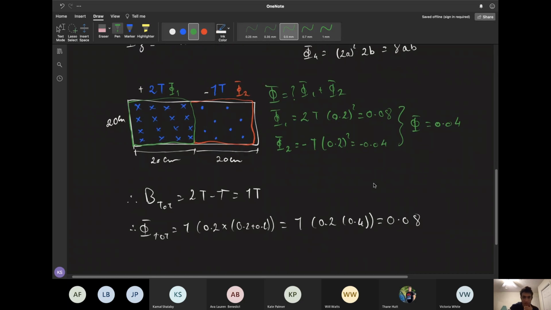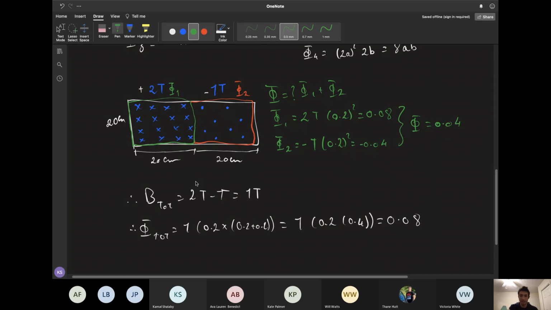Is there anything wrong with my calculations? Does anyone know? Something is missing. Yes, you can't add flux.